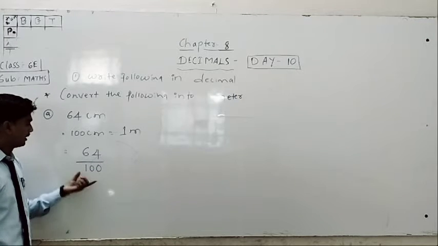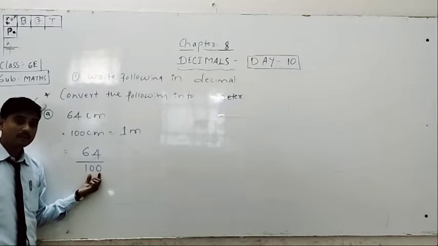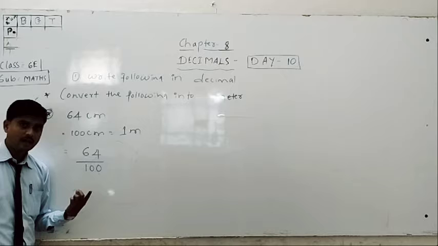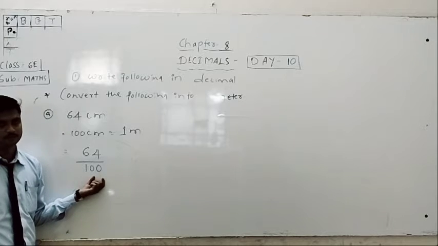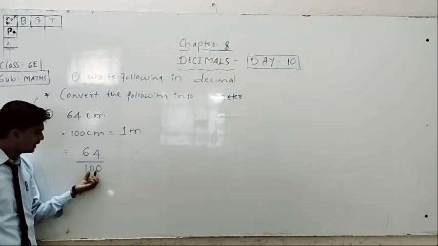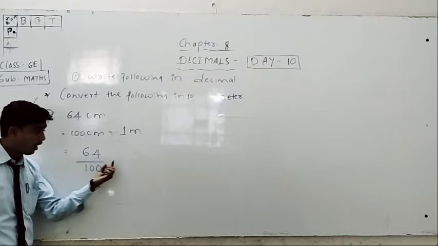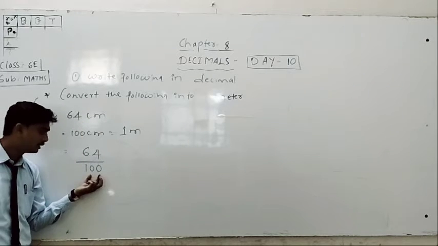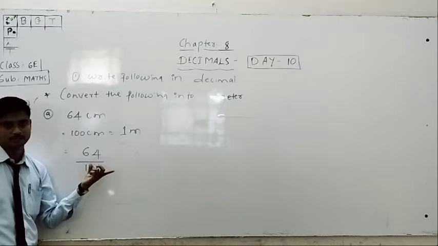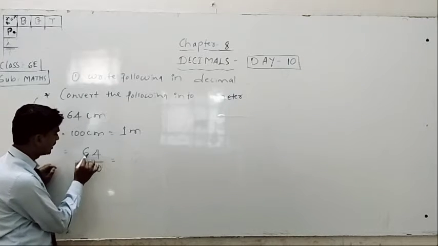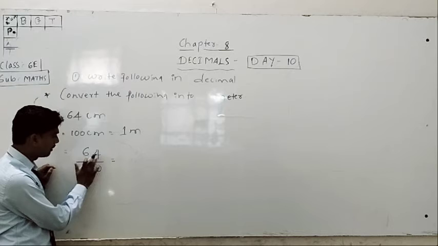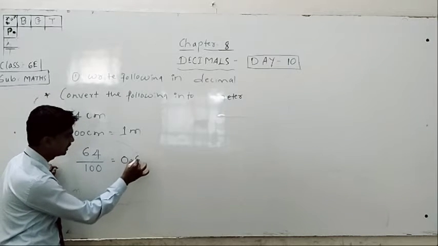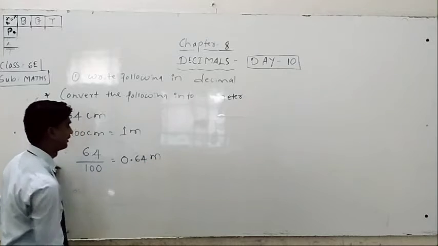Understood? But I told you it is the 100th place. You should write it directly or by the division method. Because here 64 and here 100, after the point two numbers are available, because we want the 100th place. Then 64 has two numbers, and there are two zeros. It means you should write 0.64 meters. This is the answer.